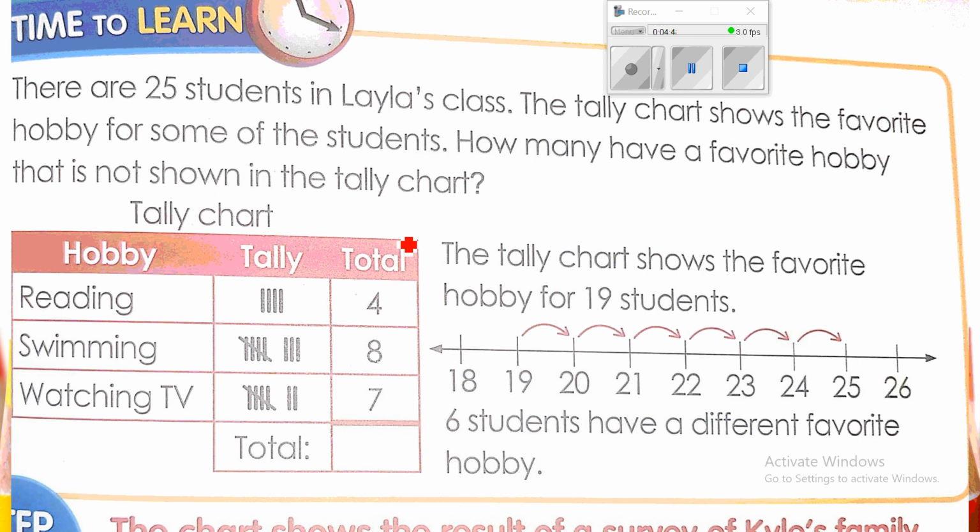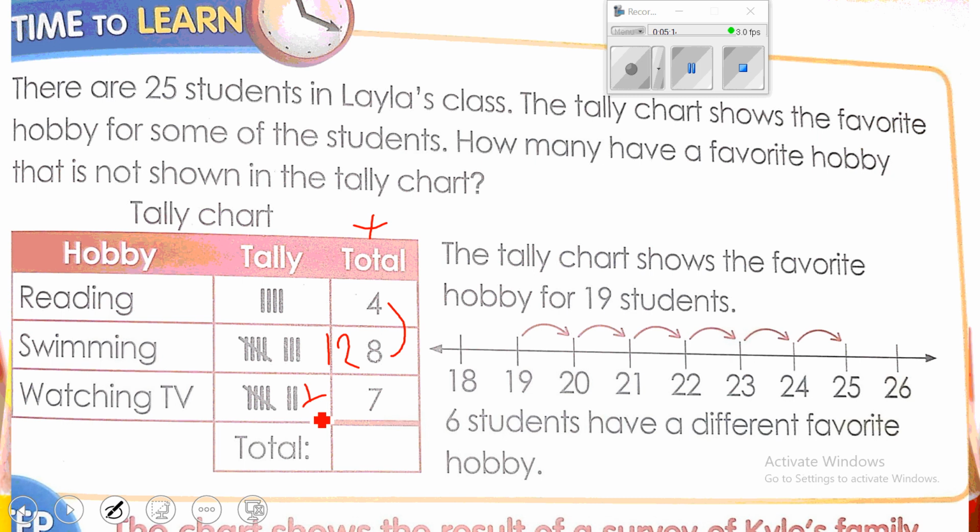Total means, as usual, to add the numbers. I bring 2 numbers together and add it to the third one. 4 plus 8: put 8 in your mind and 4 don't. What after 8? 9, 10, 11, 12. Excellent. The answer here is 12.